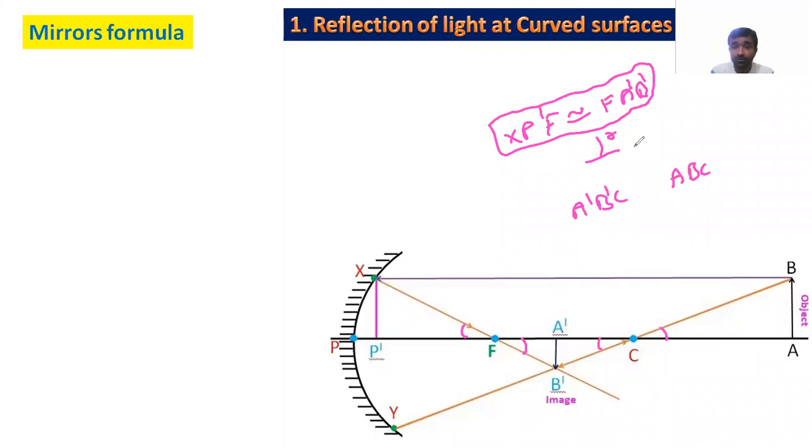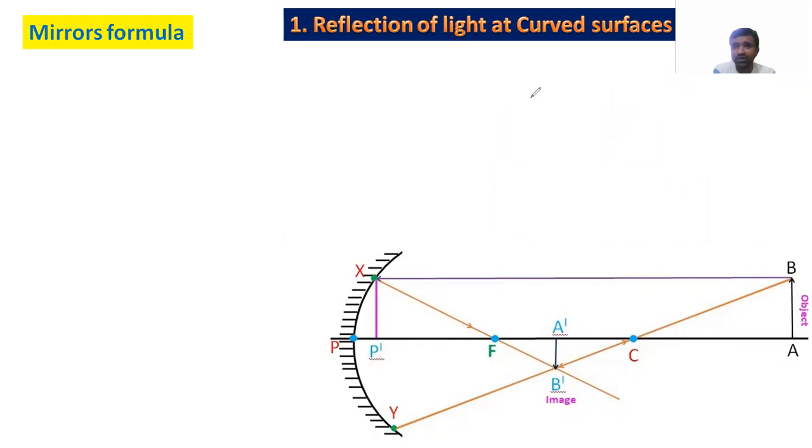Okay, so I came back, right? So here I'm going to note down the first similar triangles. First I'm finding that triangle ABC and triangle A dash B dash C are similar triangles. Any doubt? Is everyone clear, right?